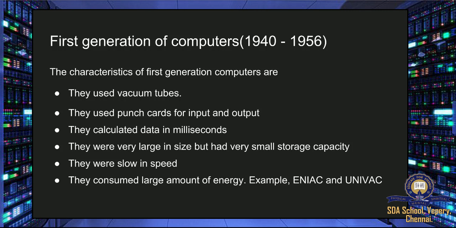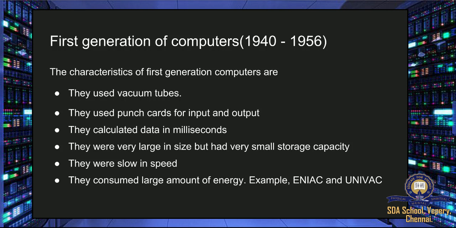The characteristics of the first generation computers are: they used vacuum tubes. The vacuum tubes were used for calculating data in the first generation. You can see the picture of the vacuum tube in the next slide. They used punch cards for input and output devices.